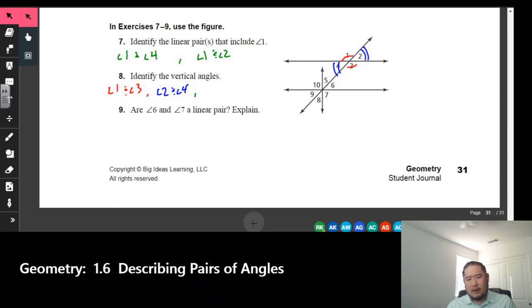Right here now, remember, if it helps you, you see that there's a lot of intersections. But if I were to maybe highlight this as such, you could see right here, angle 7 and angle 10 work. There's a lot more. We have angle 5 right here and angle 8.